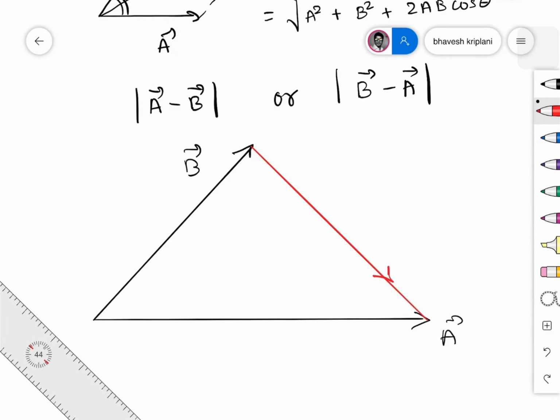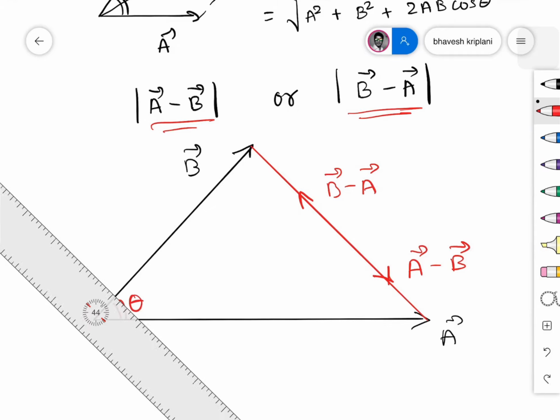If I draw the arrow in this direction, it is A vector minus B vector. If I draw the arrow in this direction, it is B vector minus A vector. So basically, magnitude wise, B vector minus A vector and A vector minus B vector will be same. This over here is the angle between the vectors, theta.